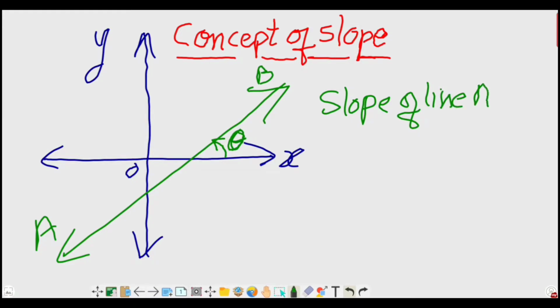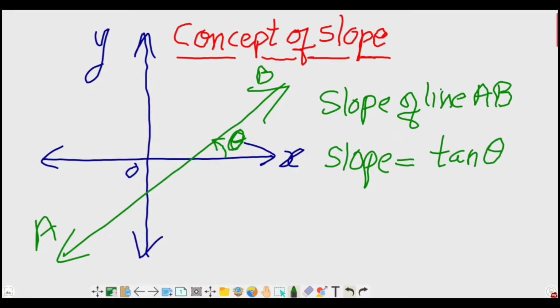For that, we have to consider the angle made by this line with the positive direction of x-axis. You have done trigonometry. Tangent of this angle will give you the slope.